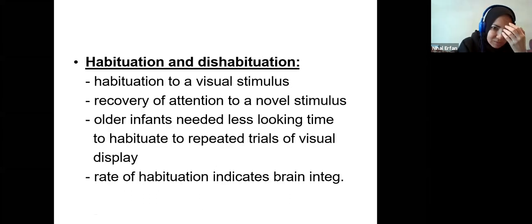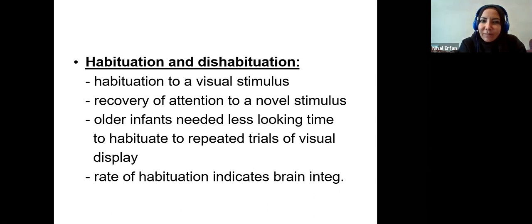We talked about this concept of habituation and dishabituation. Basically, when kids see something that's new and they get a sense of it, it doesn't become new anymore. And so they're going to need less time as they get older to figure out what's new and what's not. And that's something that we experience as adults.